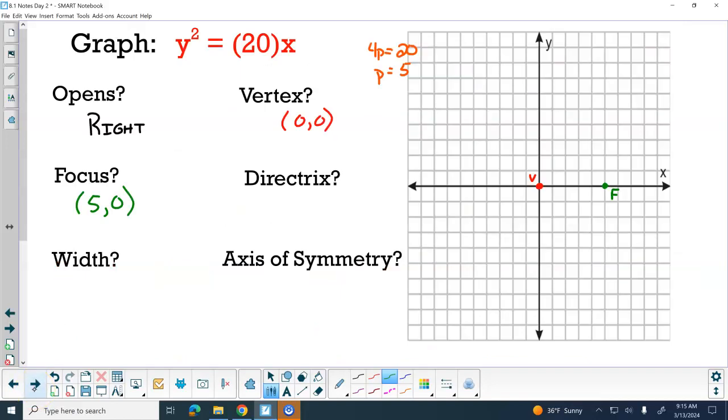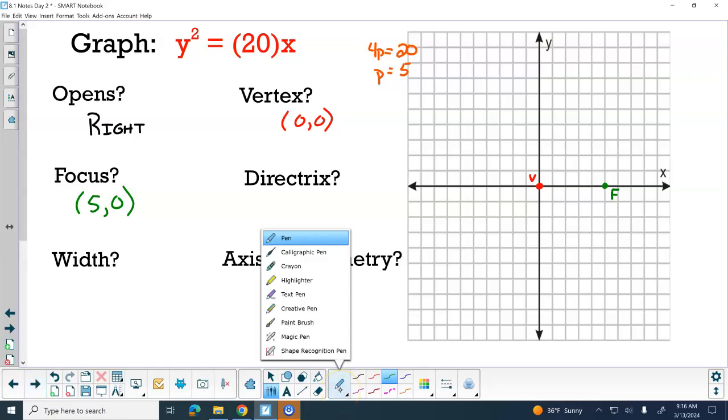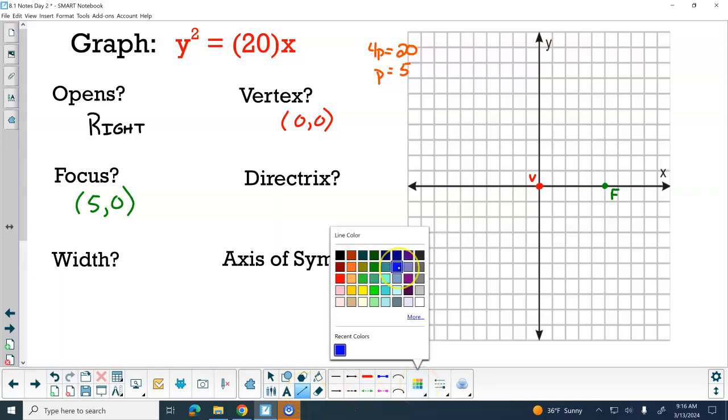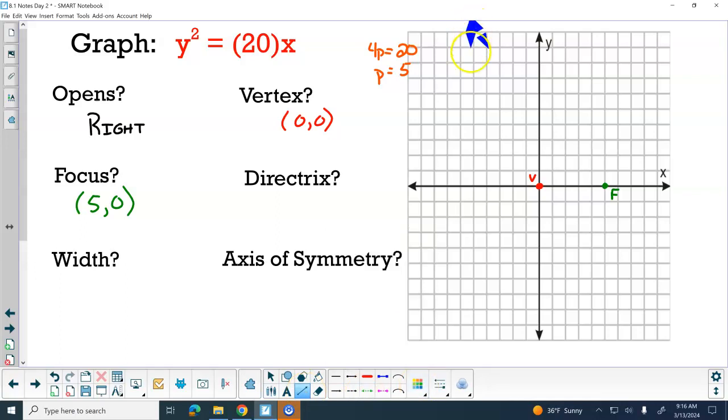P is also the distance to my directrix. In which direction is my directrix? Left. And that would give me a vertical line in this case, since it opens to the right.